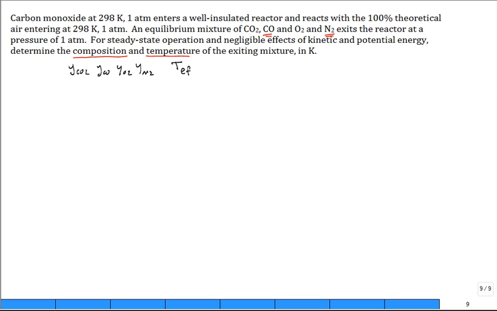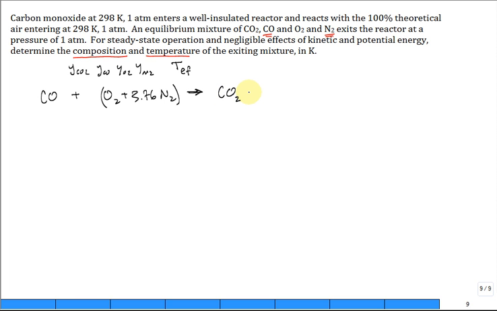Go back to just a reaction equation for 100% theoretical air and complete combustion. Our fuel is carbon monoxide, right? CO plus O2 plus 3.76 N2 goes to, so I'm going to show one arrow, complete combustion, and it's going to go to CO2.